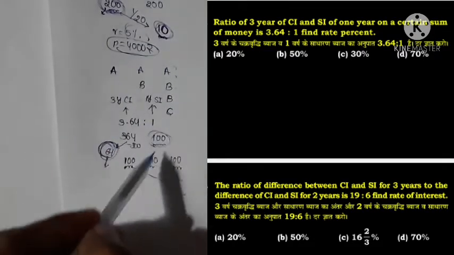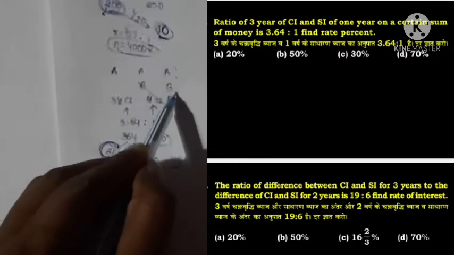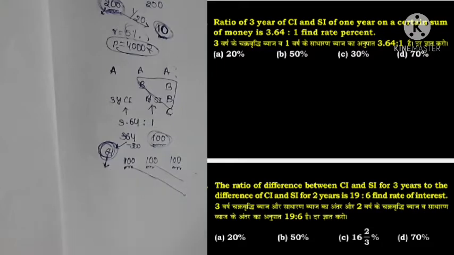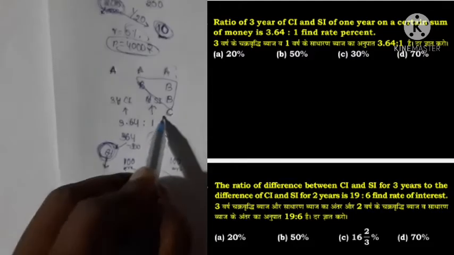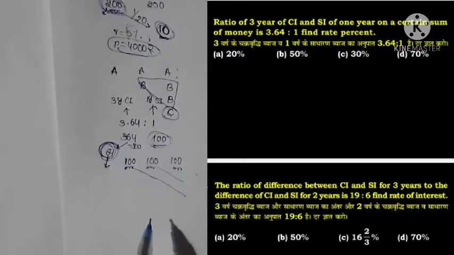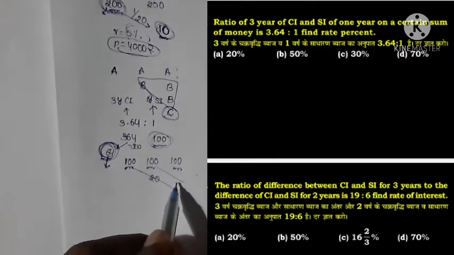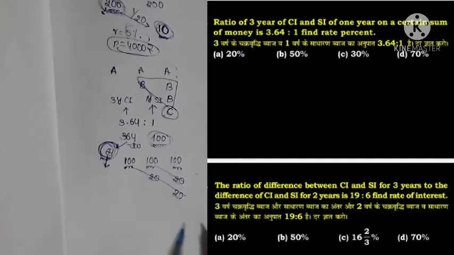A value is 100. Here 3B plus C is equal to 64. So the value of B is 20 and the value of C is 4.